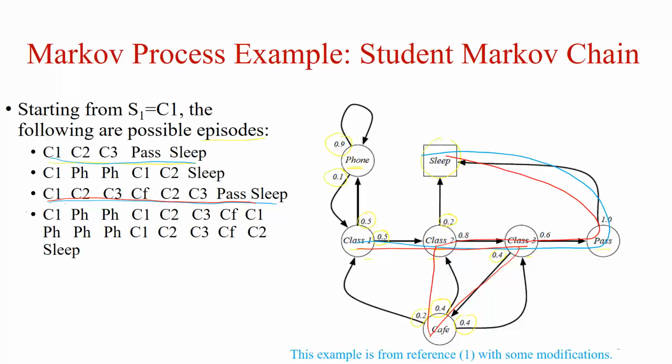You can think of many sequences you want, but in this case my starting state S1 equals C1. I want you to understand that this S1 refers to the time step, and C1 refers to class 1, so they are not related.